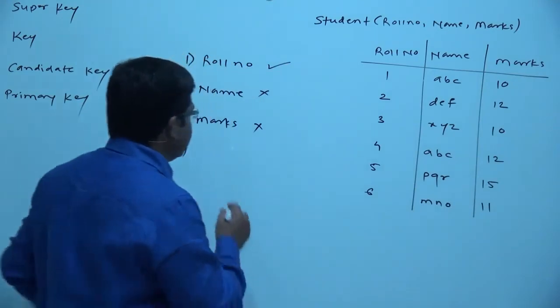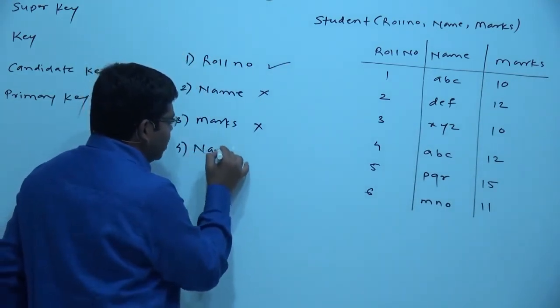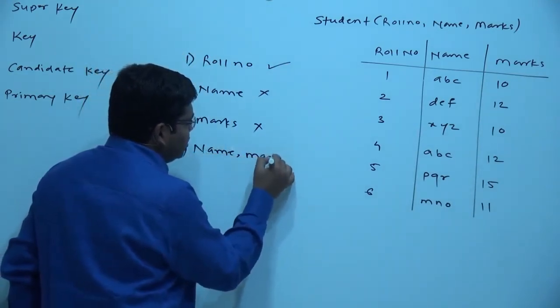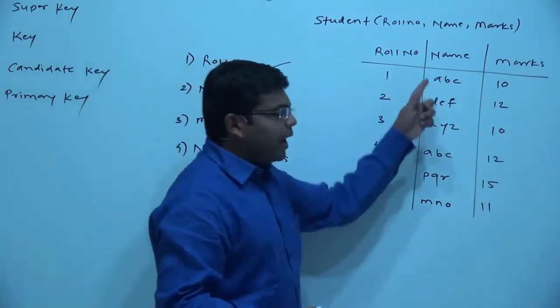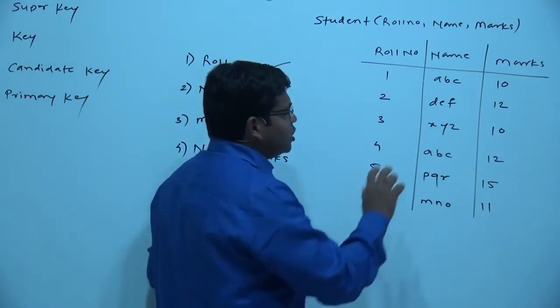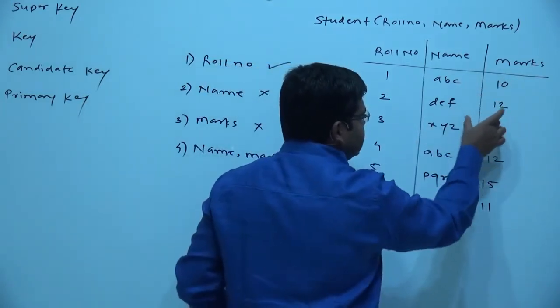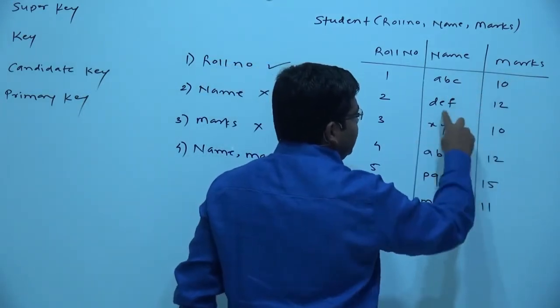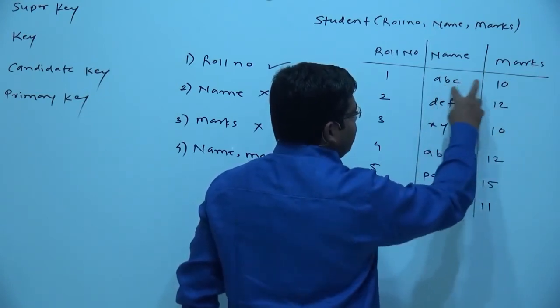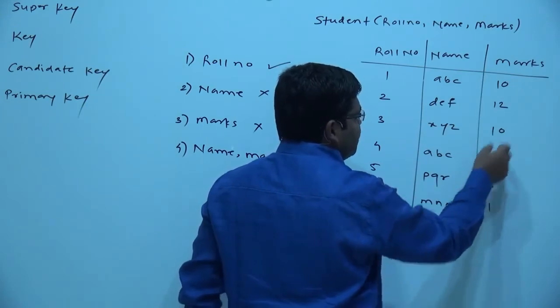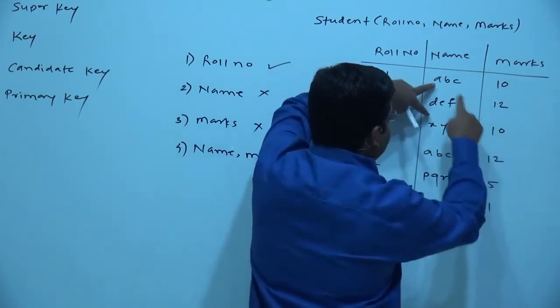So what we can say here, that when you combine these 2 attributes, name and marks, then these 2 attributes together can uniquely identify the row. Because see, the combination of name and marks is distinct everywhere. So ABC 10, DF 12, you can see here ABC is repeating, but one of the marks is 10, another mark is 12. Here 10 is repeating, but the names are different.